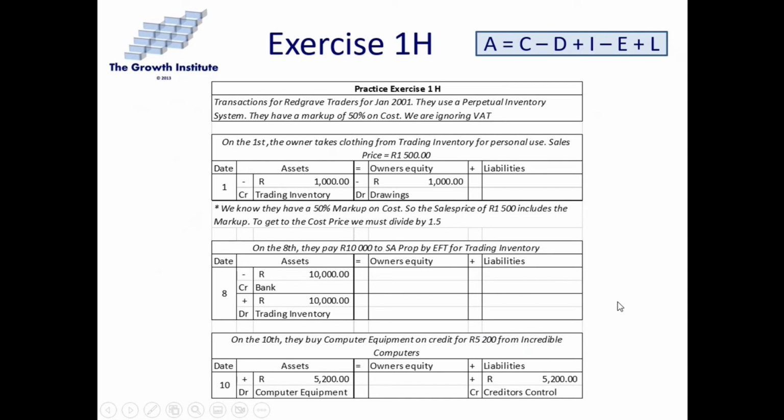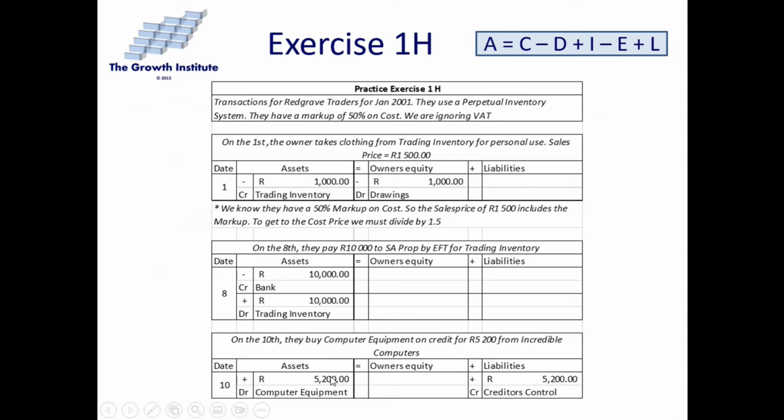Then on the 10th, they buy computer equipment on credit for 5,200 from Incredible Computers. So the asset account that is going to increase is computer equipment. That's the one that's increasing. So it increases on the debit side to the tune of 5,200.